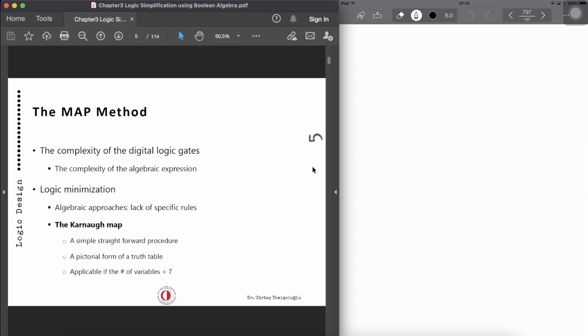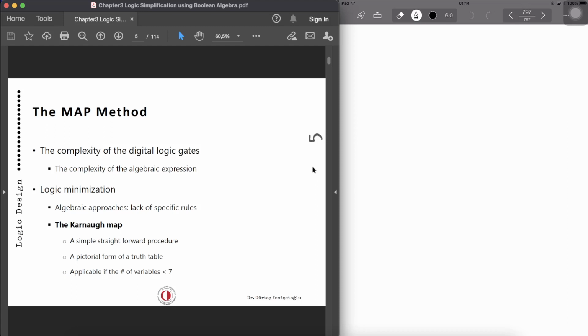So we need some alternative methods. That's why Karnaugh maps were introduced. A Karnaugh map is a visual way of optimizing a function. It's pretty straightforward. It's a pictorial form of a truth table, and it is applicable to a number of variables which are less than 7.